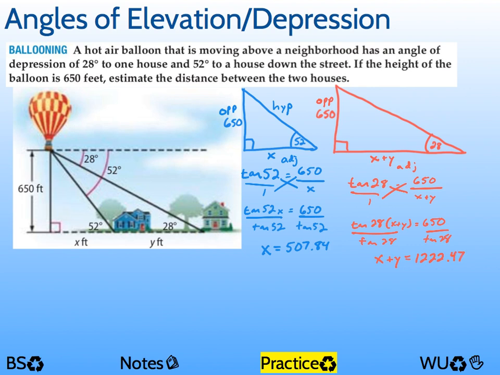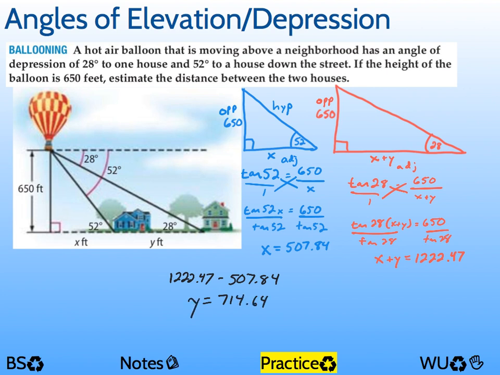Now with one last step to solve for y, all we have to do is subtract this 1,222.47 minus 507.84. And that will give us 714.64.